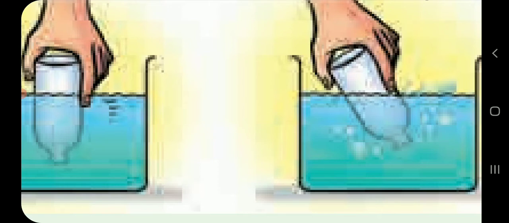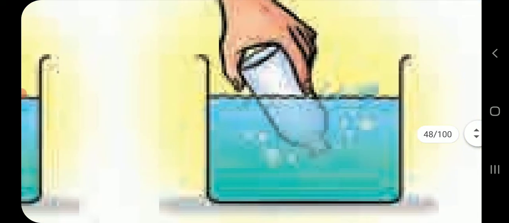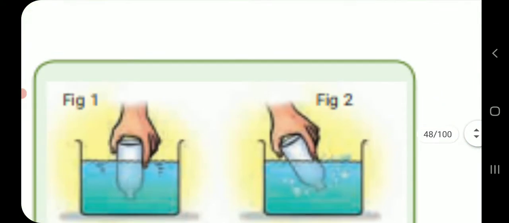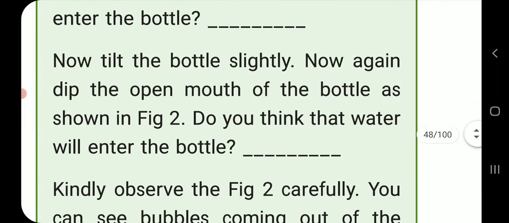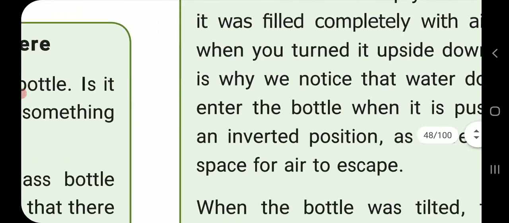The small bubbles represent the presence of air. This is a very important experiment to prove it.